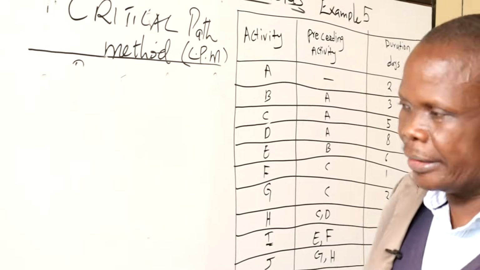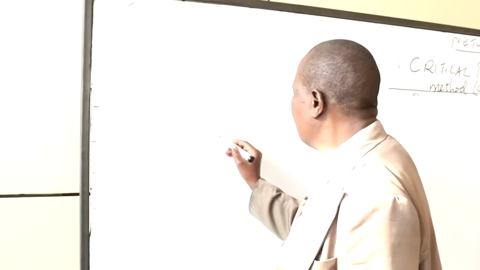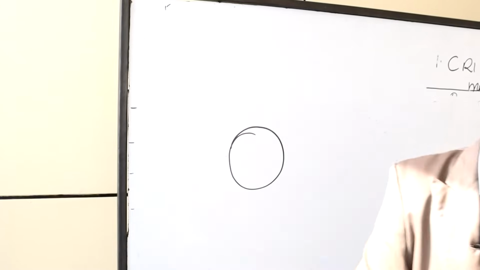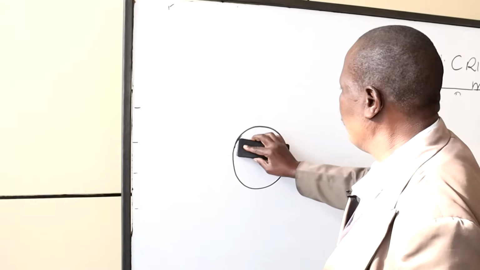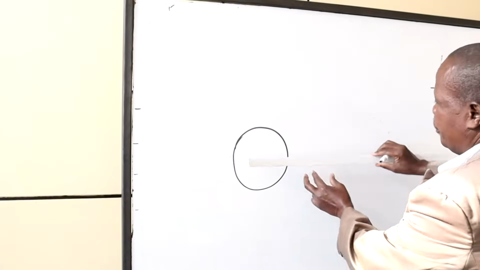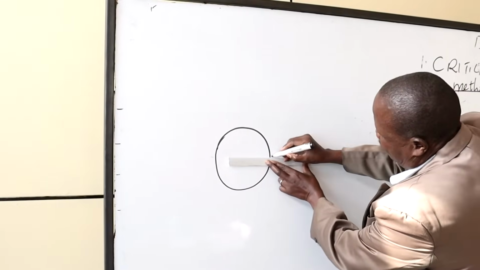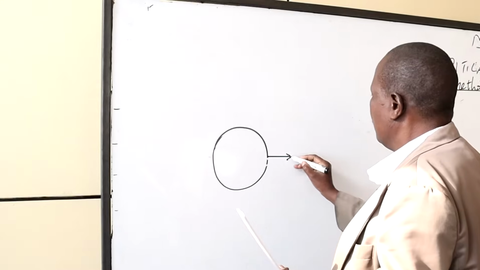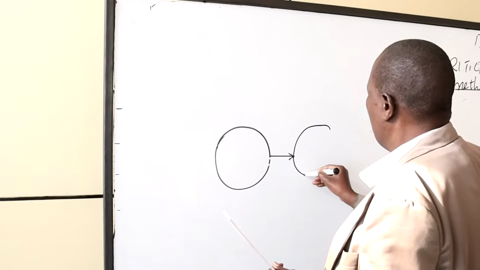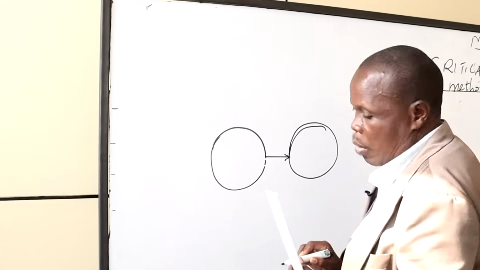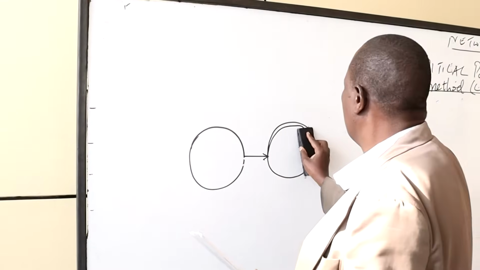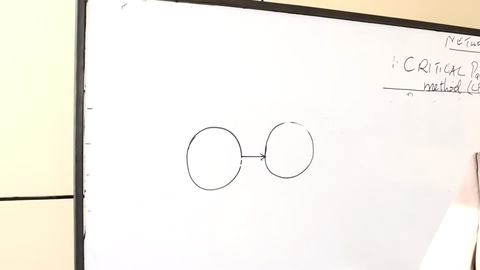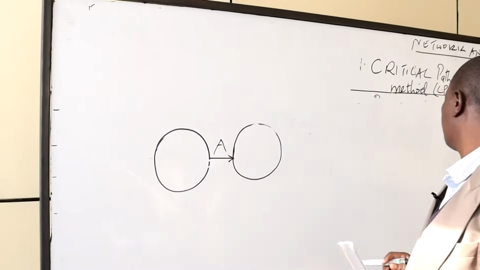So we are going to draw it like this. That is activity A.